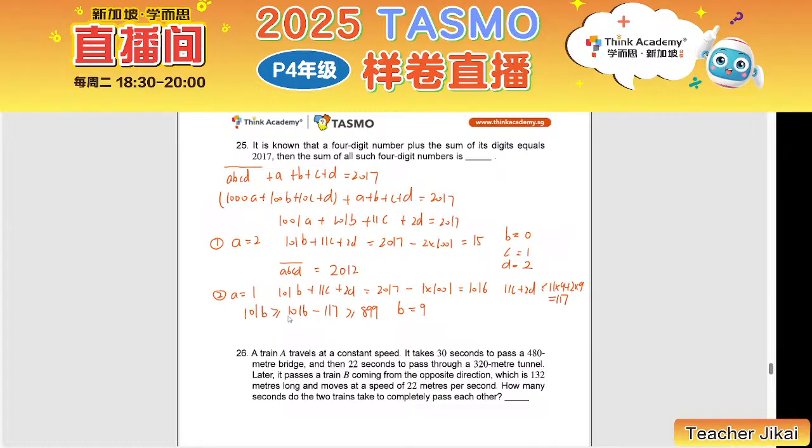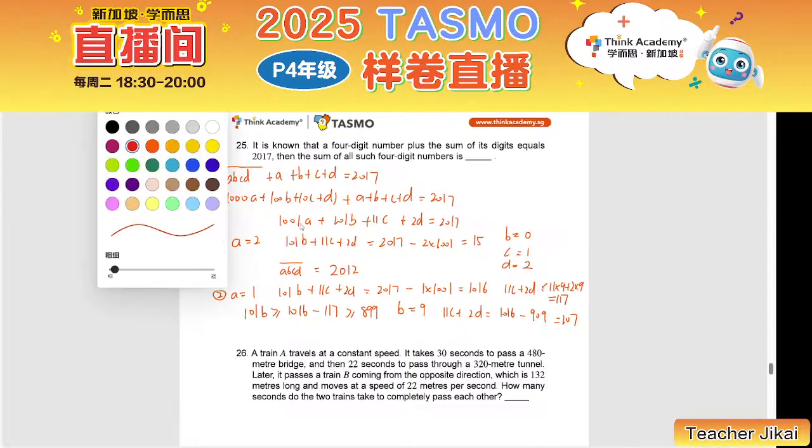So 11C plus 2D will give you 1016 minus 909. So the answer here is 107. So we know this one, 11C plus 2D is 107. And of course, we know 2D is even, right?